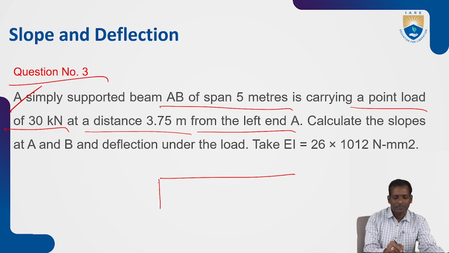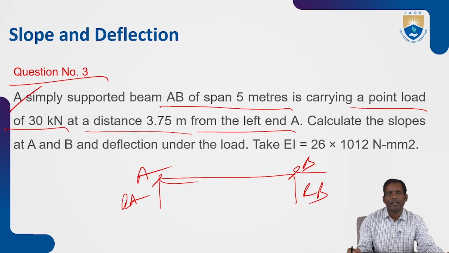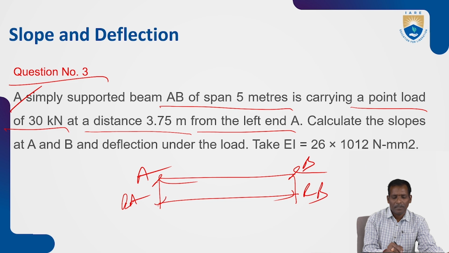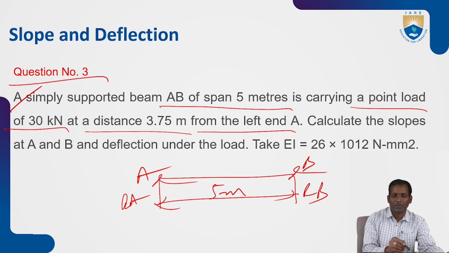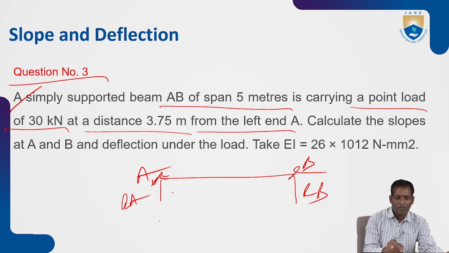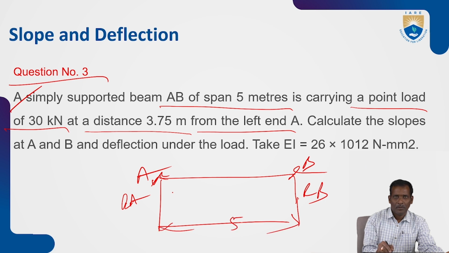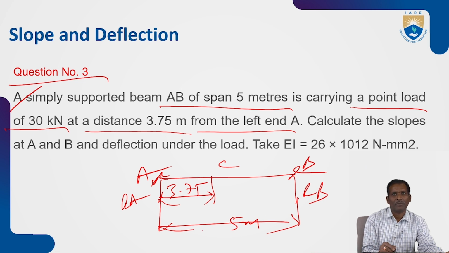So first, the diagram. RA and RB are the reactions at points A and B. The AB span is given as 5 meters, carrying a point load of 30 kilonewtons not at its midpoint, but at a distance of 3.75 meters from the left hand A. So you can keep point C here, 3.75 from the left hand.